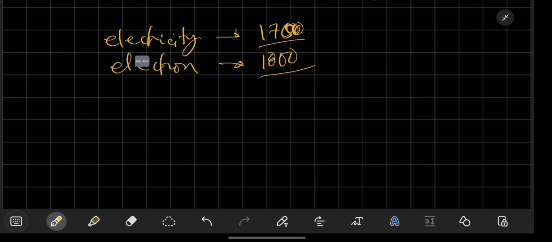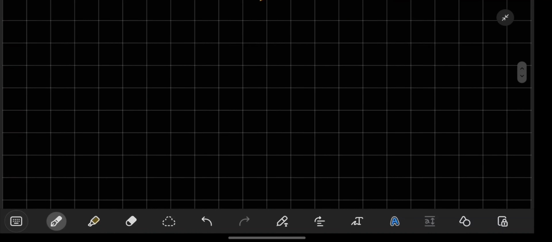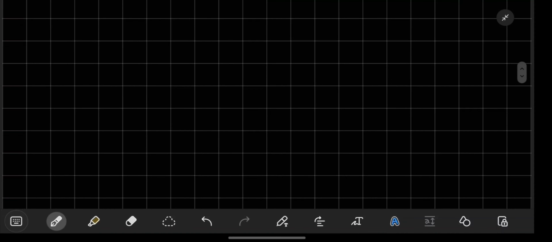Okay, so mas nauna na invento yung electricity compare kay electron. Okay? And then, when we say electron flow, if we go back to the history of the electron flow, kung bakit naging negative to positive yung flow ng kuryente dun sa electron flow, it's just because of the electron itself.